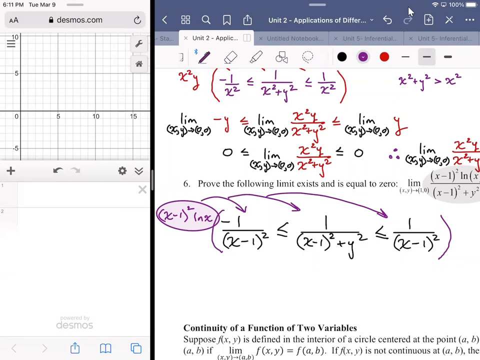And so that gives us negative ln of x is less than or equal to, I can't even write, x minus 1 squared ln of x all over that denominator.